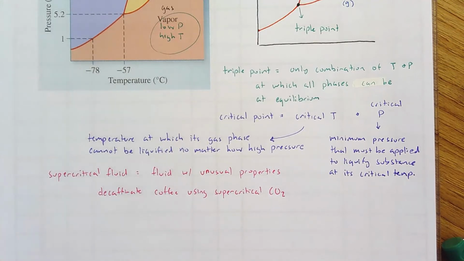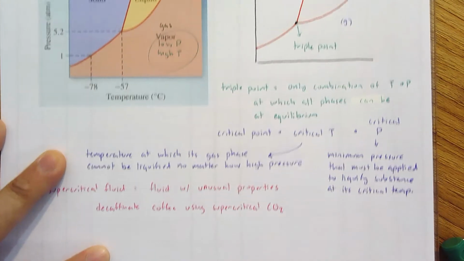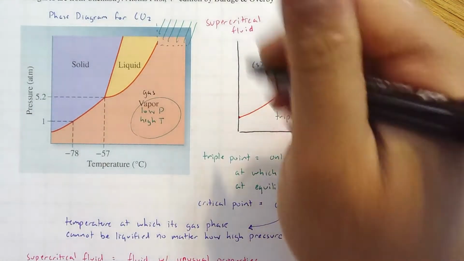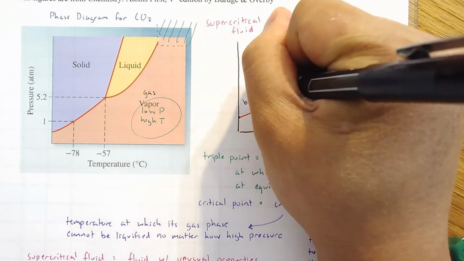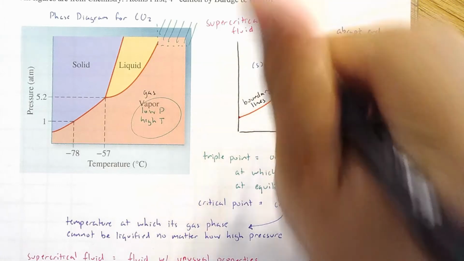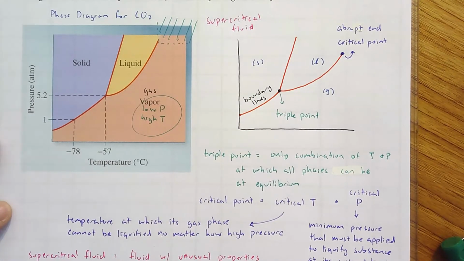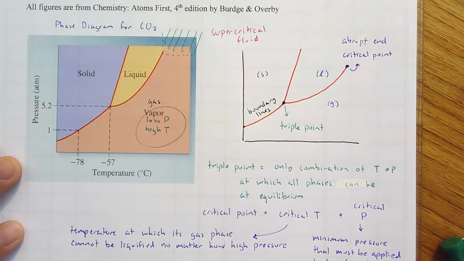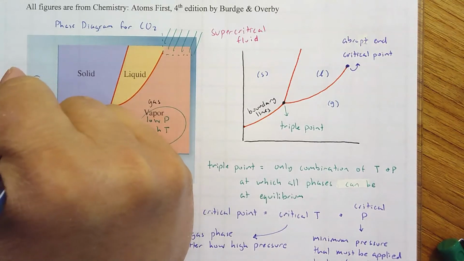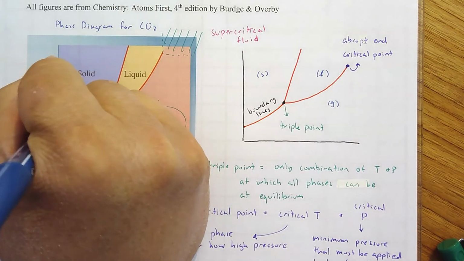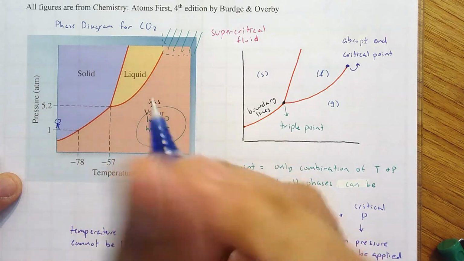Okay, is that all I want to say? Yeah. These red lines are called boundary lines. Actually, why don't we do this? Say we're at 1 atmosphere, normal atmospheric pressure, and we put a person right there.